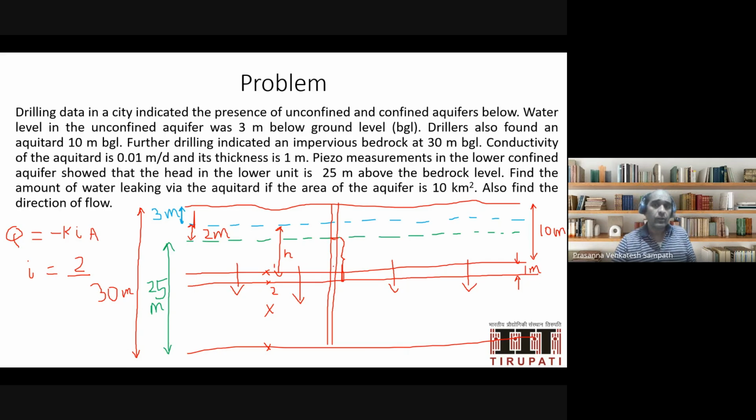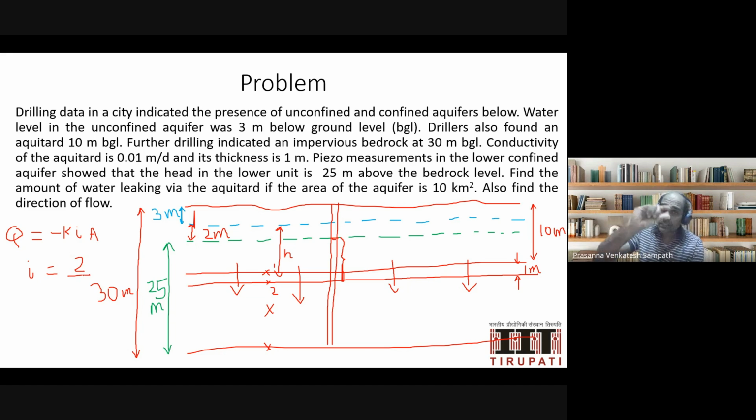So if I come down 6 meters, the pressure here will be P_atm plus rho g times that height H. Then if you do all of this messy calculation, you will end up with a head of 2 meters. I will leave that as an exercise.